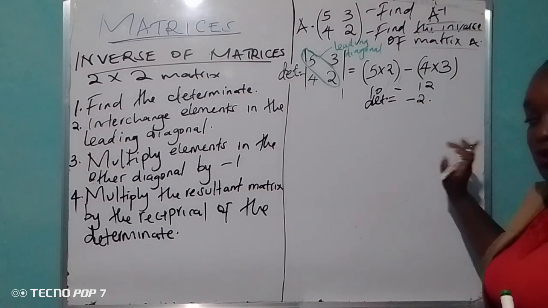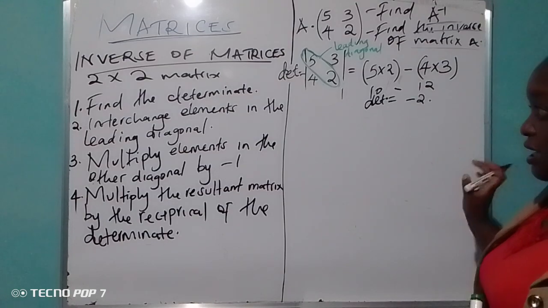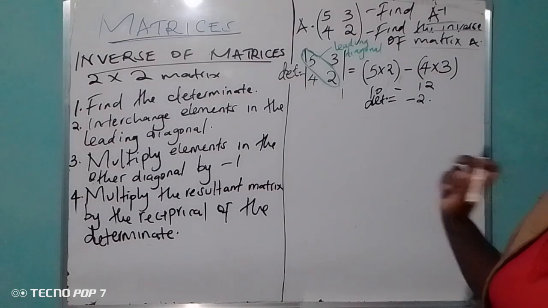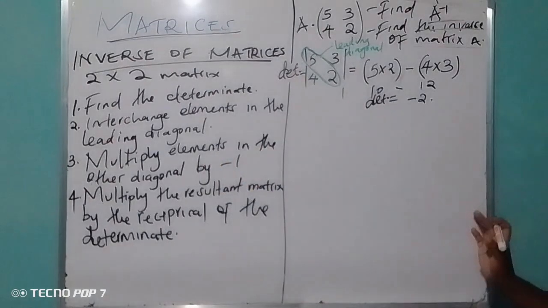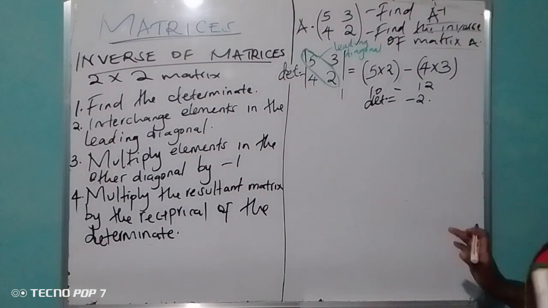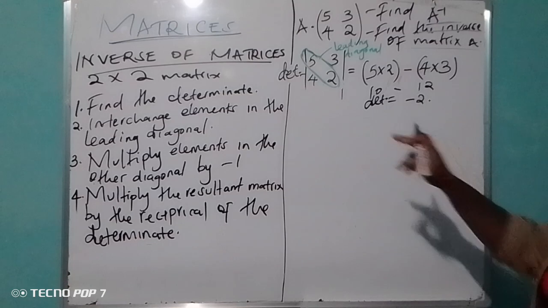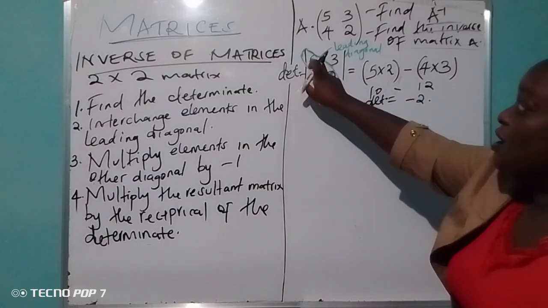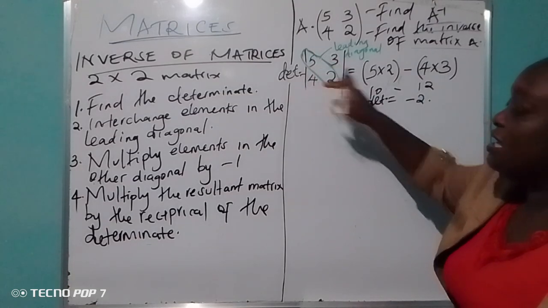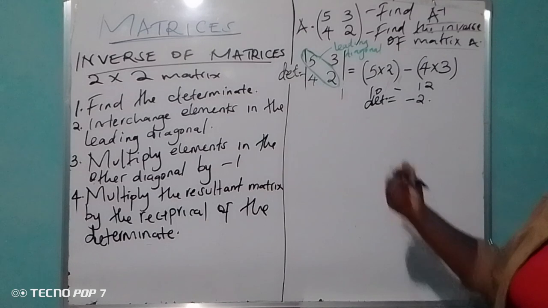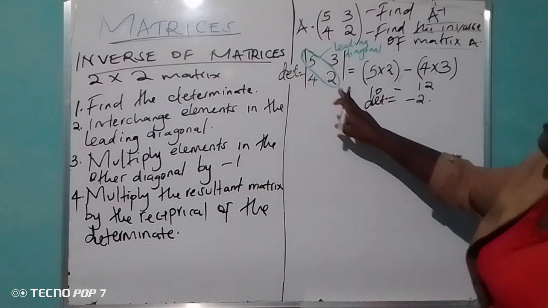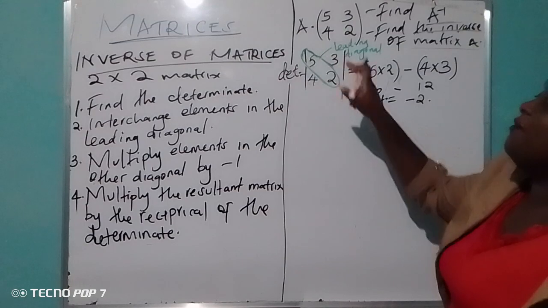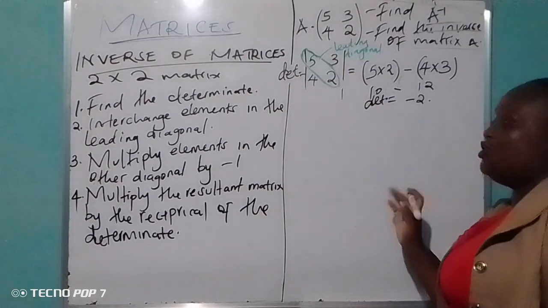Let us leave that, we will use it later. So we go to the next step: interchange elements in the leading diagonal. We have seen where the leading diagonal is. So just interchange the elements. We said each number here is called an element. So interchange elements in the leading diagonal, meaning the 2 will come here, the 5 will come here. Just interchange.